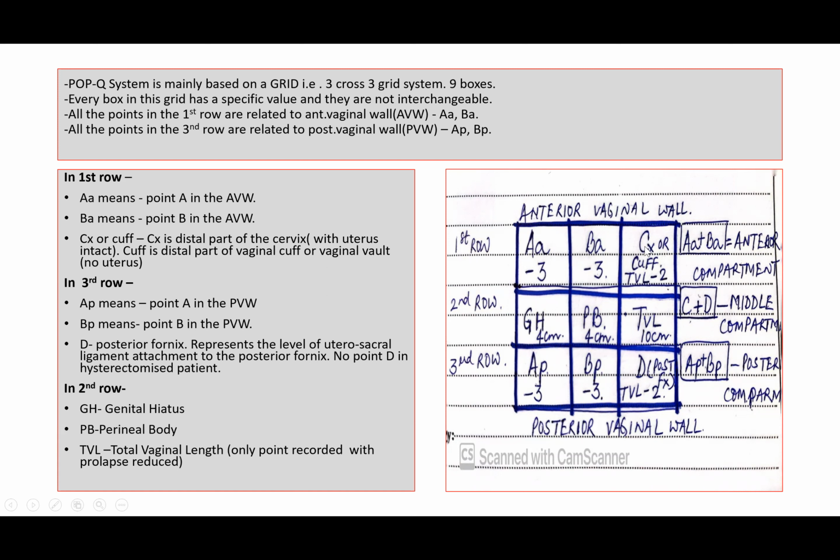And Cx, that is the cervix. It is the distal part of the cervix with the uterus intact, or there can be cuff in this grid. It is the vaginal cuff or vaginal vault. We can write cuff when there is no uterus.